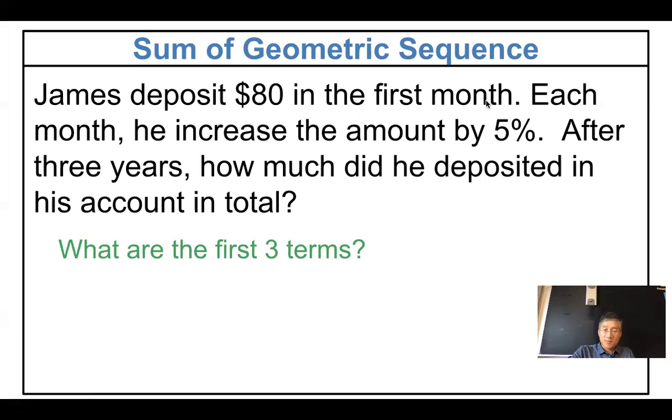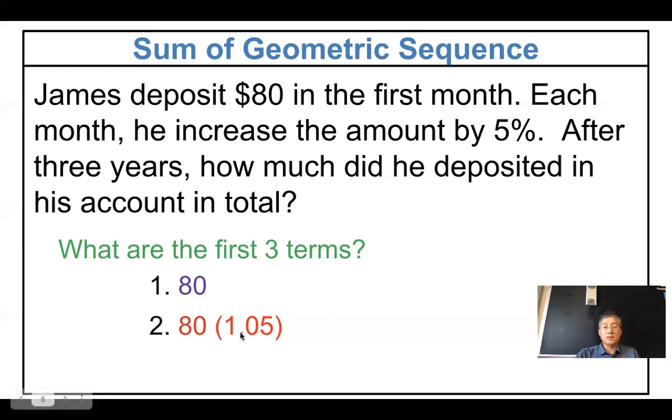First term is what? First month, $80. And the second is a 5% increase. How do you do it? You get 5% of 80 and then add it to the 80, or 80 times 1 plus the percentage part. As I explained before, 1 is for the original amount, and 0.05 is the percentage for the increasing portion.